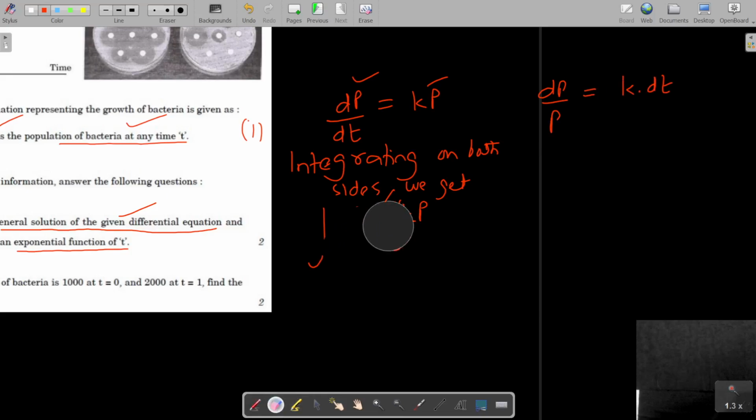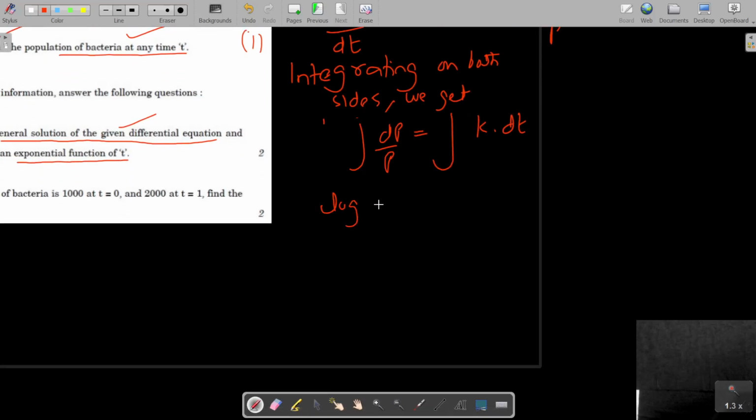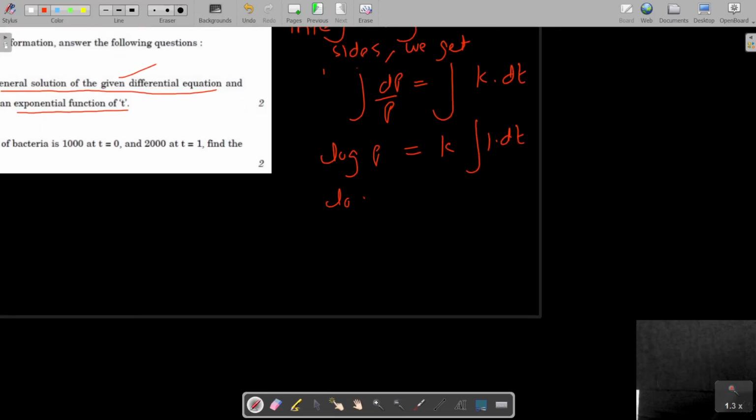Now let's integrate on both sides: integration of dP by P and integration of k into dt. So this is log P is equal to k, and the integration of 1 into dt is t. So log P is equal to k into t plus c.